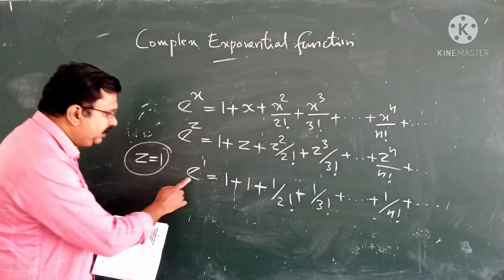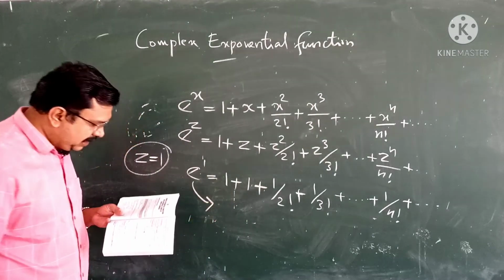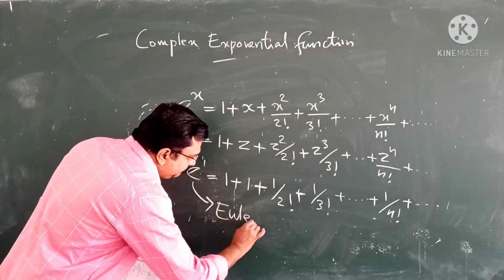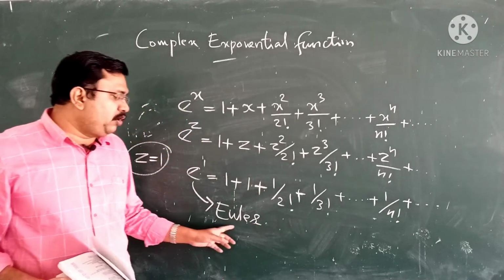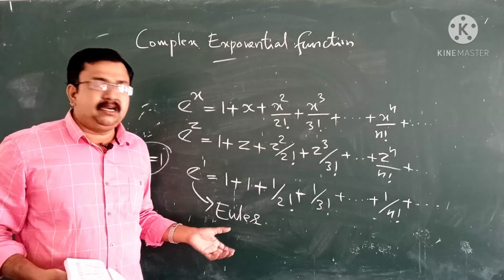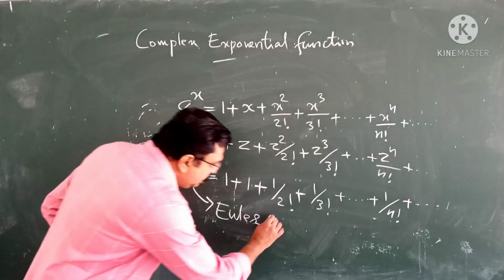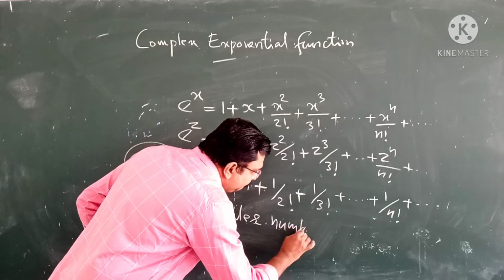Its pronunciation is Euler, where the first e is silent. Remember that this number is called the Euler number.